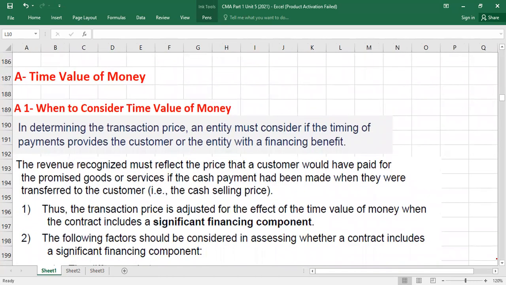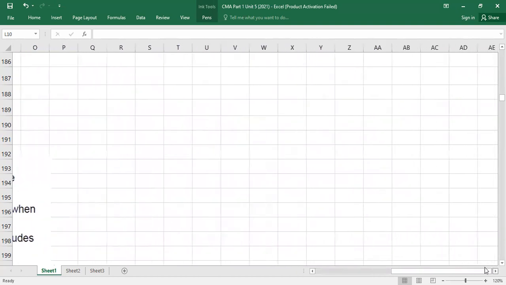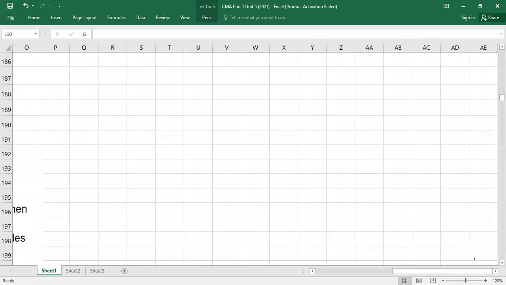There are two questions. It's written here. I will show you the screen also. So I'm talking about, should we consider the effect of what? Time value of money, right? Otherwise, it is written there in the sheet also. If you want, I will scroll down the sheet later as well.